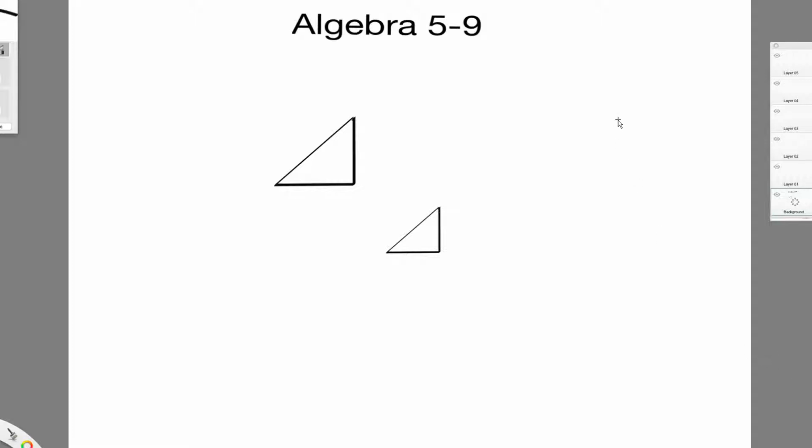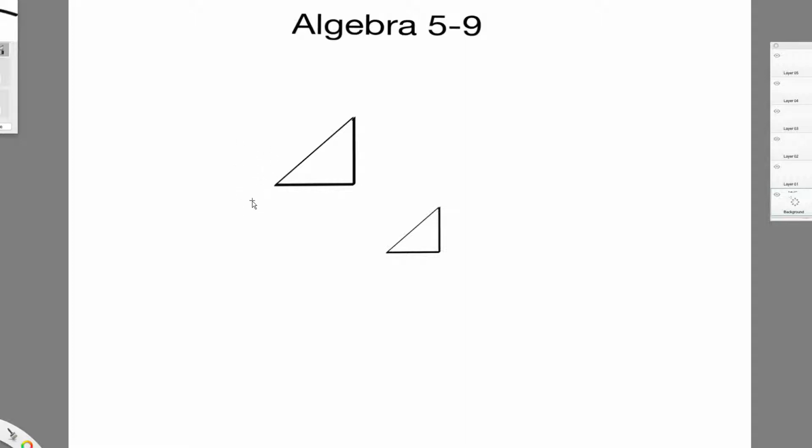Okay, here we are with 5-9. And I want to go through this idea of similar triangles. And we can use this to help us when we're measuring things in the field, but let's just get the basic idea here.